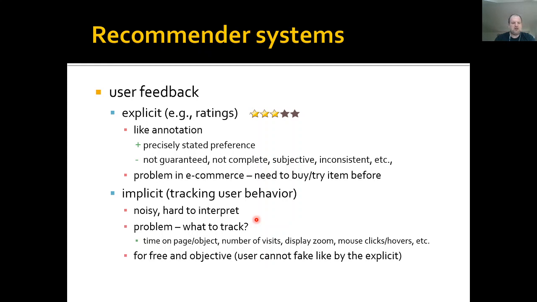Of course, there is a huge advantage because this is for free, and every user that somehow interacts with the system, like eShop, gives implicit feedback. So it's really not a question of existence of this data. We always have this data, and moreover, these data are always objective, because the user doesn't interact with the system for the sake of user feedback, but just for the sake of the activity of the application.